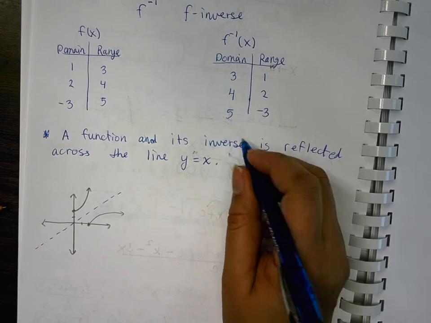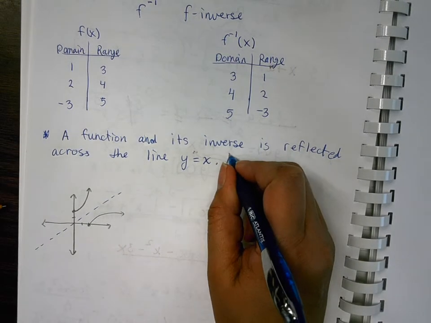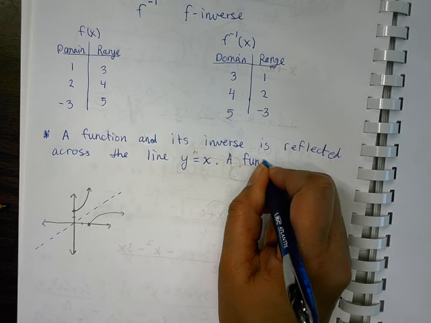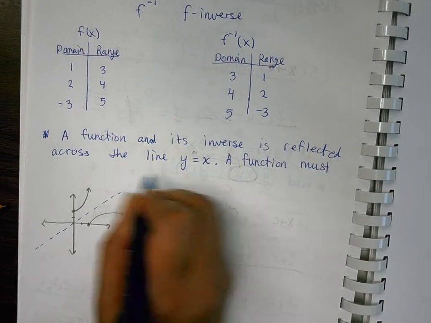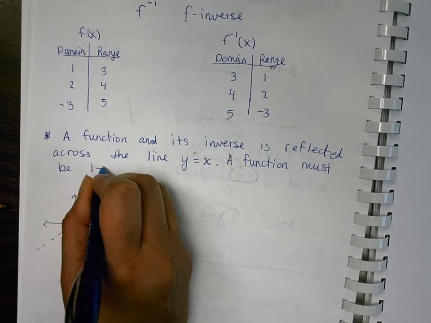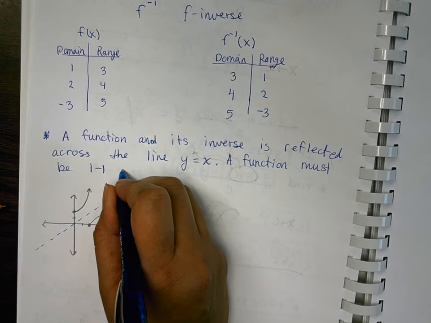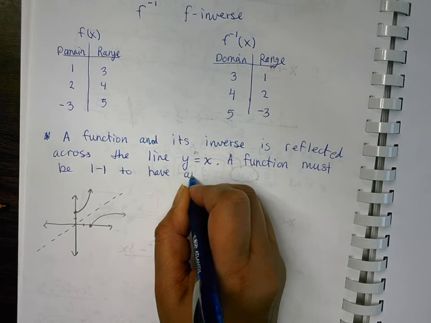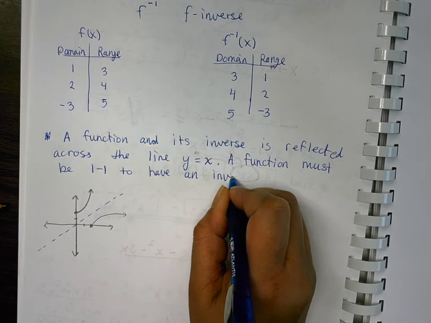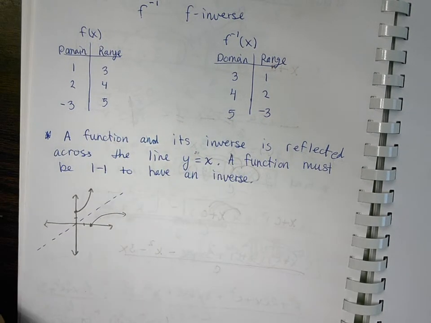All right, the other piece of information I was going to write here is a function must be one-to-one to have an inverse.